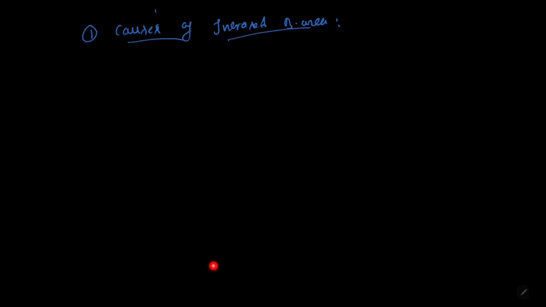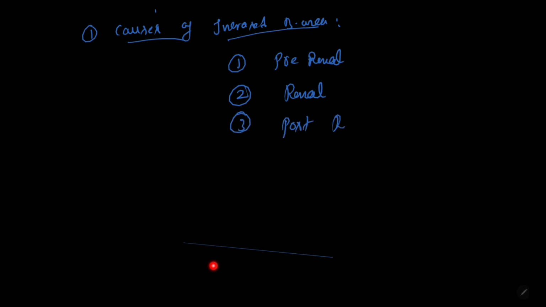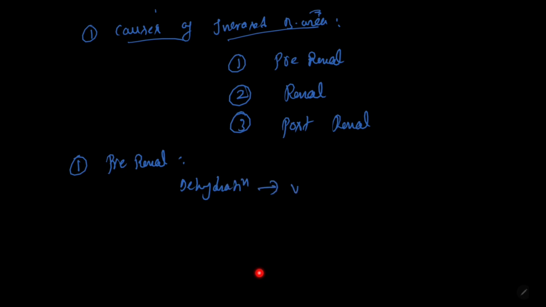Okay, the causes of increased blood urea. Mainly there are three conditions where we see elevated blood urea level. One is pre-renal conditions, second is renal conditions, third is post-renal conditions. Pre-renal means before reaching the kidney. These include dehydration due to vomiting, severe infections, fever, diarrhea.